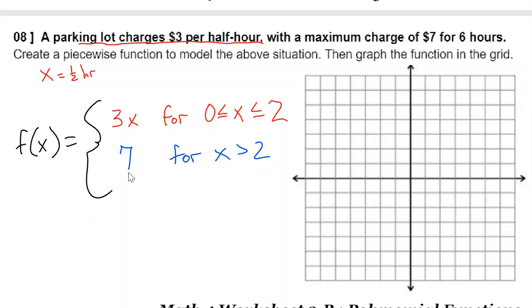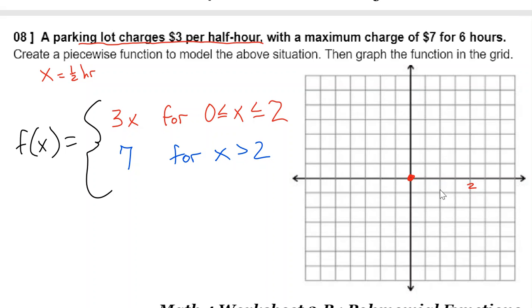All right, let's see if we can put that together as a graph. All right, so this is y equals 3x plus 0, technically, which means we start here. And I guess if this is going to be a half an hour, then this is going to be 1 hour and 2 hours. Well, we want it to be 6 hours, don't we?